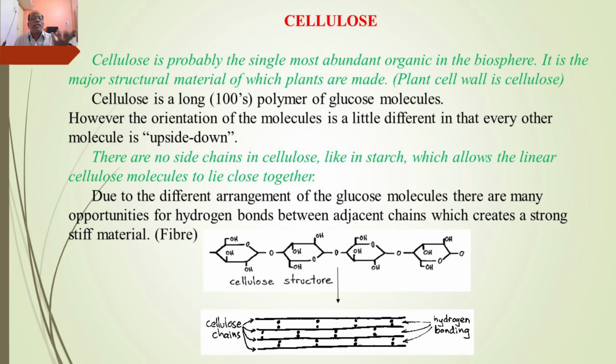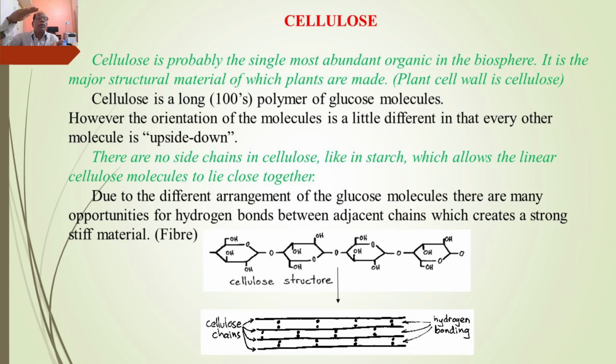We know the plant cell wall is made up of cellulose, which is a complex polysaccharide or carbohydrate. In the figure we can see several cellulose chains bonded together to form a strong, stiff material or fiber composed of cellulose molecules.